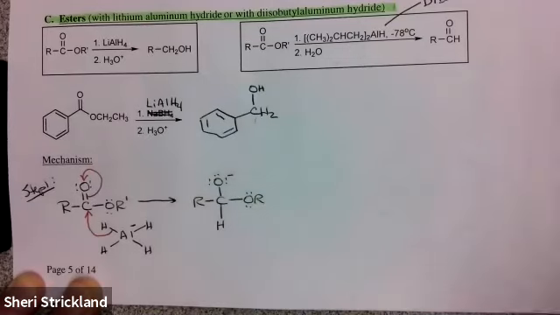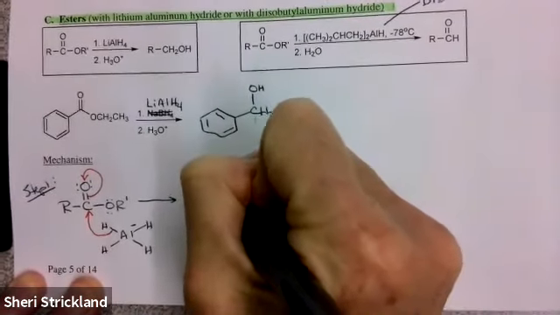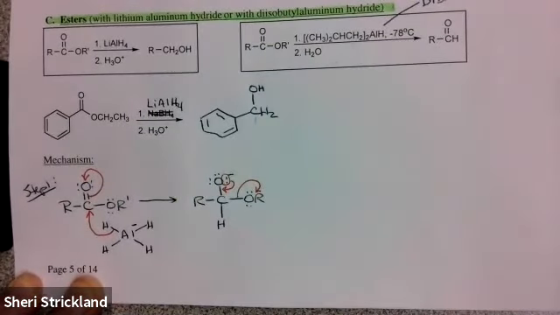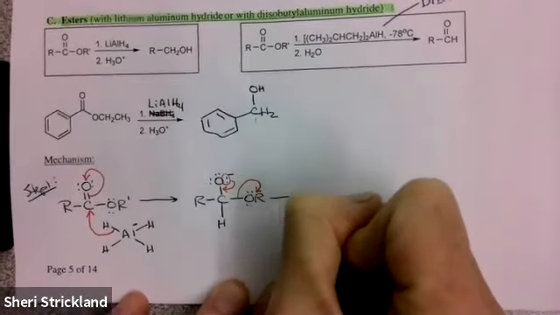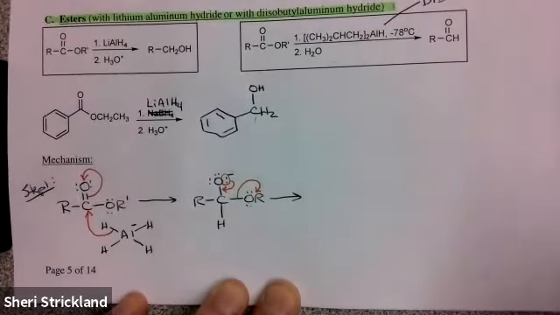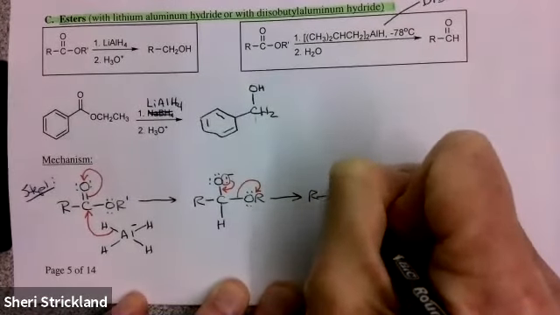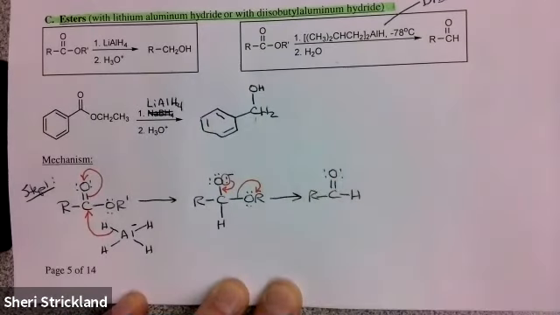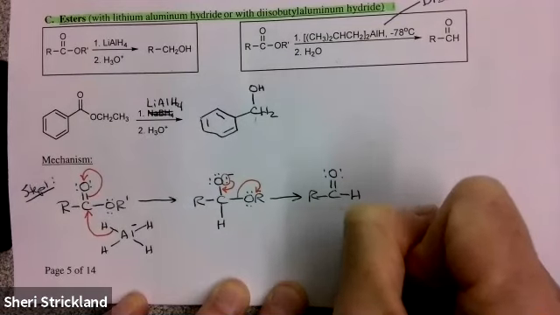So just like with the mechanism we saw with the Grignard, this tetrahedral intermediate is going to eject the least basic piece because it can. And that gets us to this aldehyde, which is very reactive towards incoming hydride ions. And so we're going to get attacked a second time.